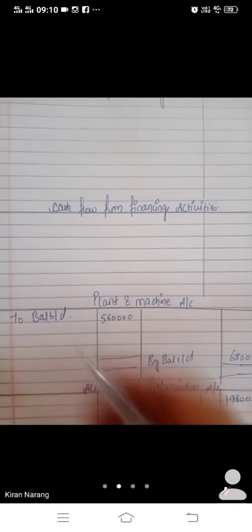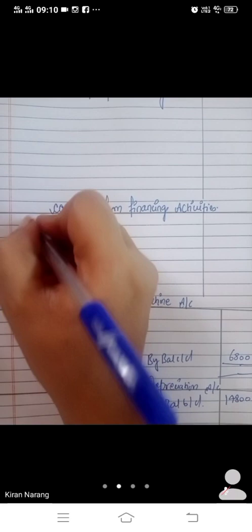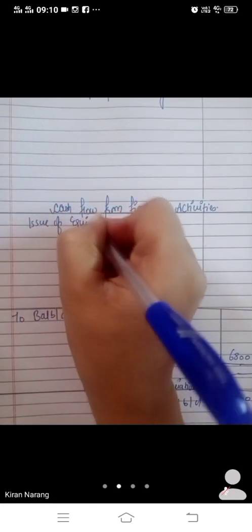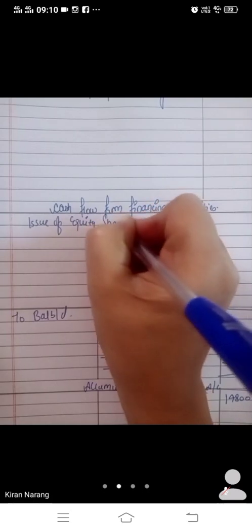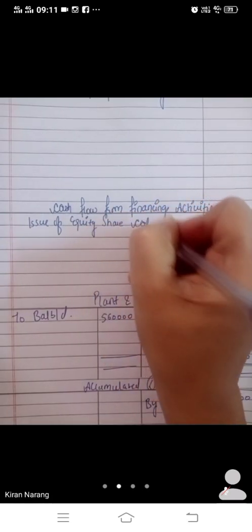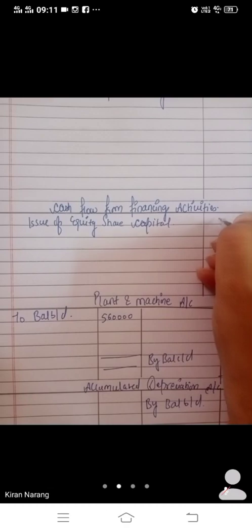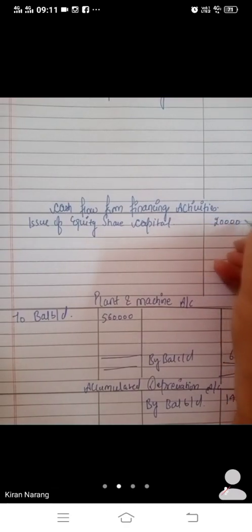Okay. Then बच्चे equity share capital is given to you. It is increasing 10 to 12. It will be written in financing activities, issue of equity shares. Issue of equity share capital rupees 2 lakh. From 10 lakh to 12 lakh, it is increasing.